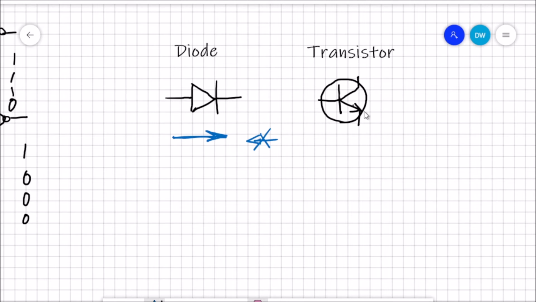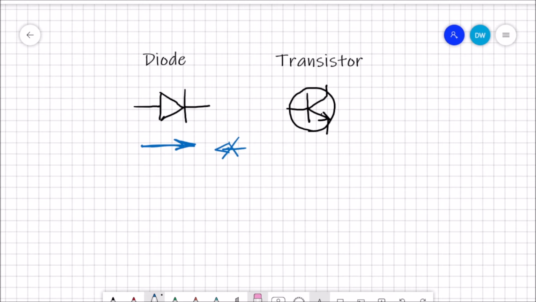Now, transistors are slightly more complicated. What transistors do is act as a switch. We have a base, a collector, and an emitter.